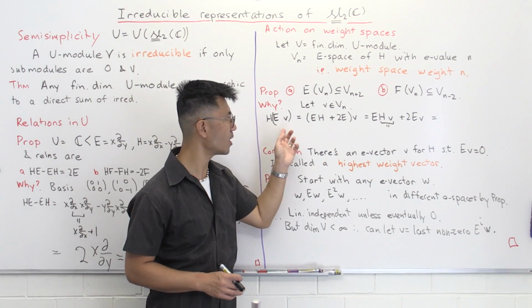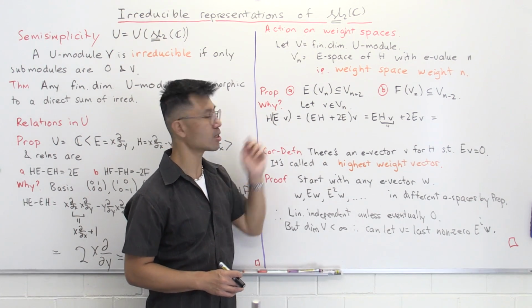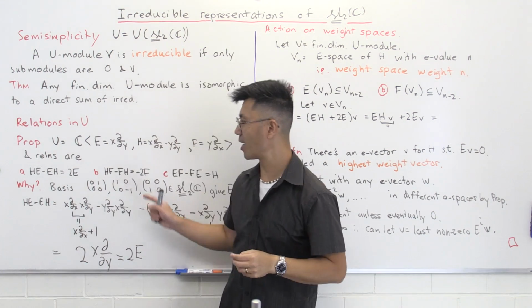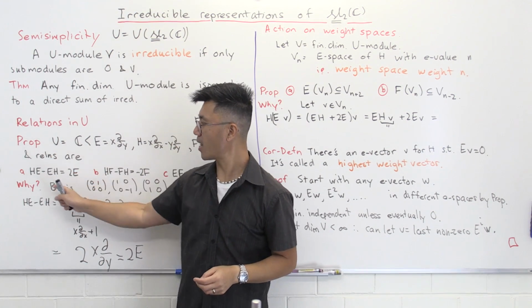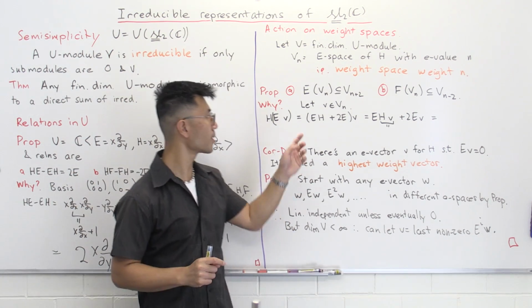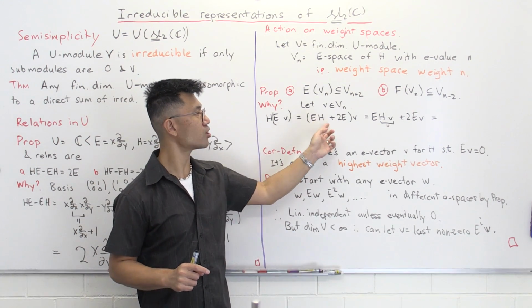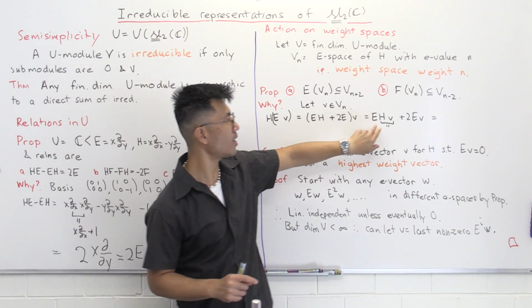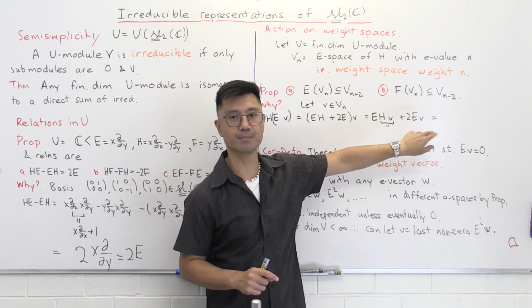So we let H hit it. This is HE acting on v. The key is that now we can rewrite this using this relation: HE is just EH plus 2E. So let's break up into two parts, EH times v and 2Ev.